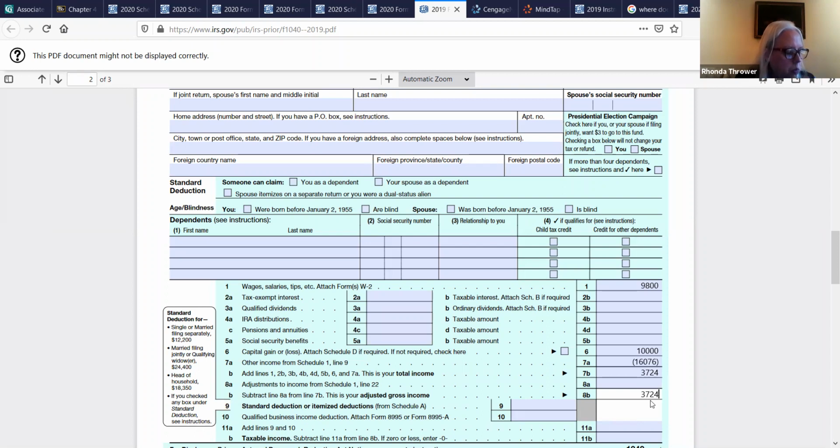Now, for the standard deduction, we need to know that this person was single and her deduction was 12,200. So on line 9, we put 12,200. On 11A, we didn't have a qualified business income deduction for line 10. So on 11A, we just record 12,200 again.